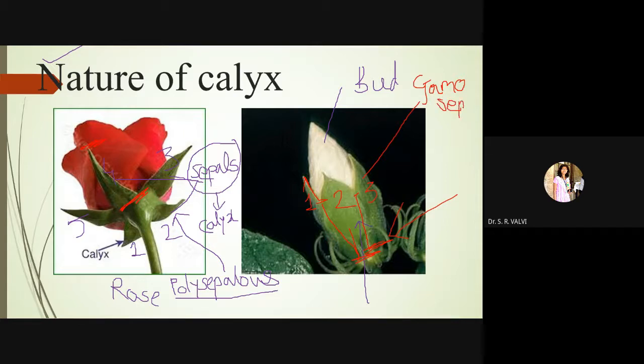I will not write it here, I don't have much space, please consider it. So it is gamosepalous condition in case of this datura flower. In case of rose it is polysepalous condition. So the nature of the calyx is either poly or gamo. These are the two conditions: poly means free, gamo means fused.